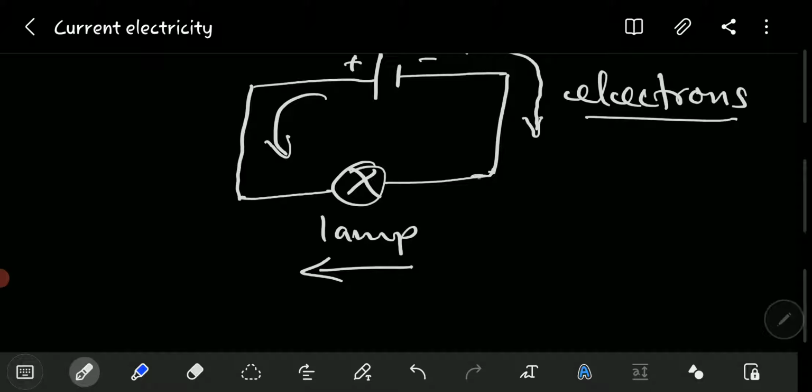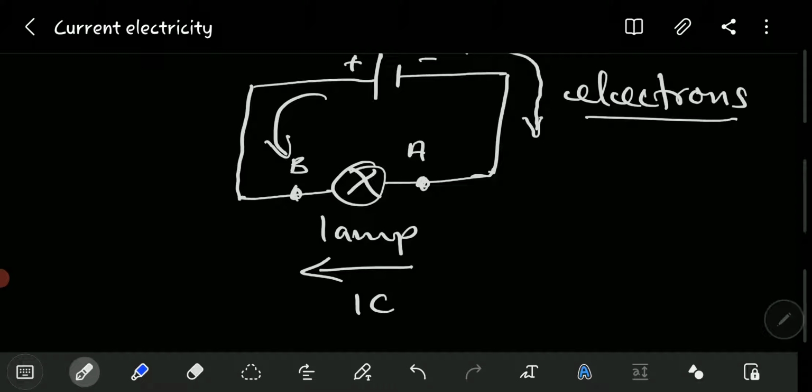How much work is needed to move a charge of 1 coulomb from point A to point B? That is the potential difference.